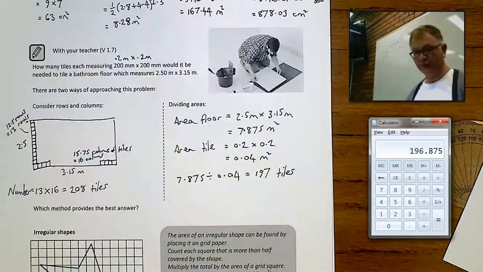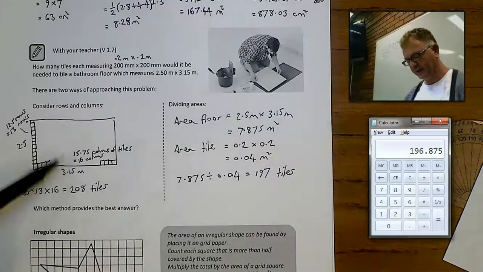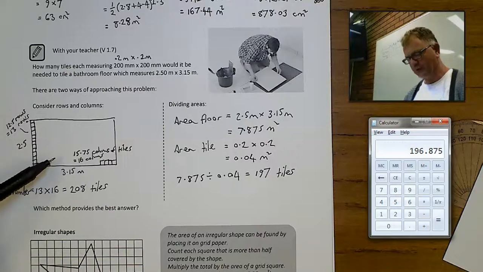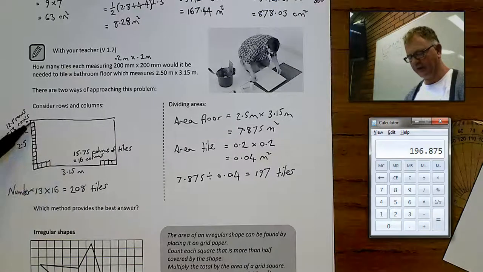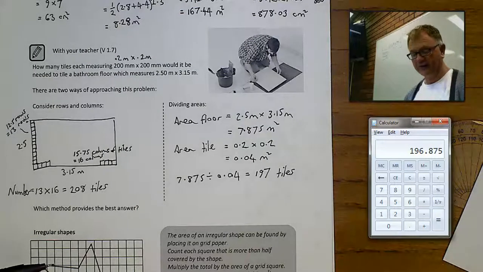You might notice we've got different answers, working it out this way and working it out this way. I guess the difference between those two answers accounts for the fact that in this question here, we took into account extra tiles that we would need because you didn't have a complete row. We allowed a whole extra tile for the end of this row where it's 12.5 rows of tiles, but we said we're going to need 13 to allow for that cutting of tiles.